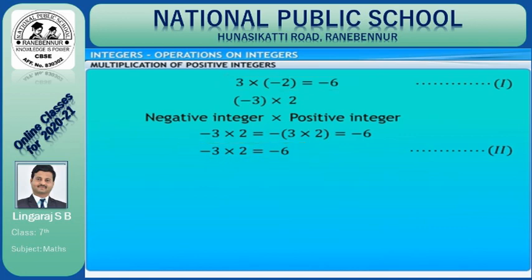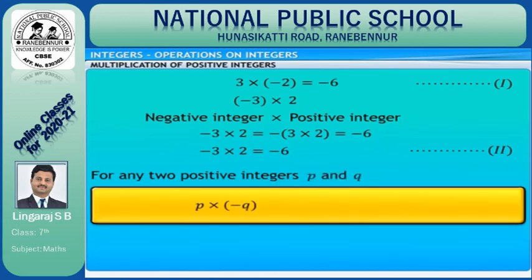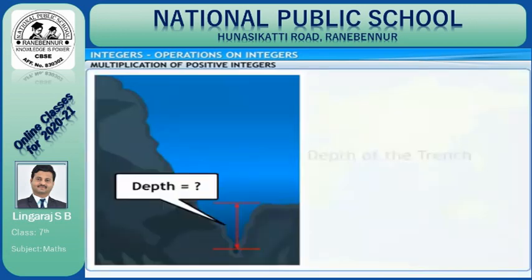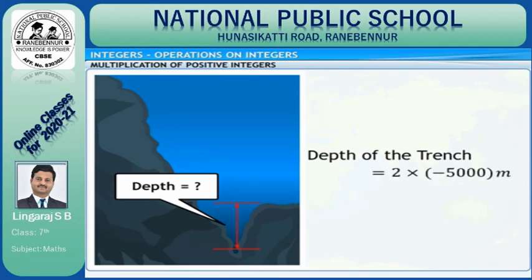So in general, for any two positive integers p and q, p multiplied with minus q is equal to minus of p multiplied with q, which is equal to minus p multiplied with q. So, going back to the depth of the Mariana Trench, we multiply 2 by minus 5,000 meters, which gives us minus 10,000 meters.